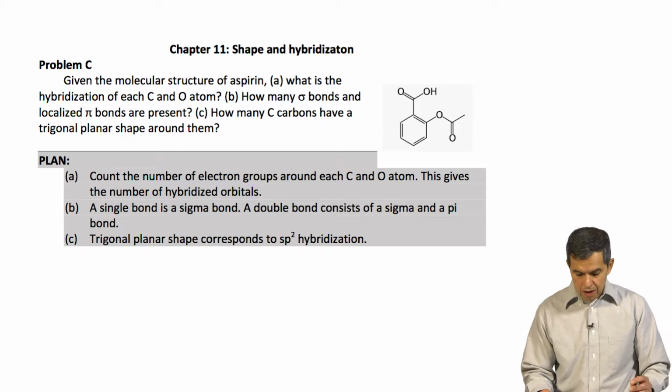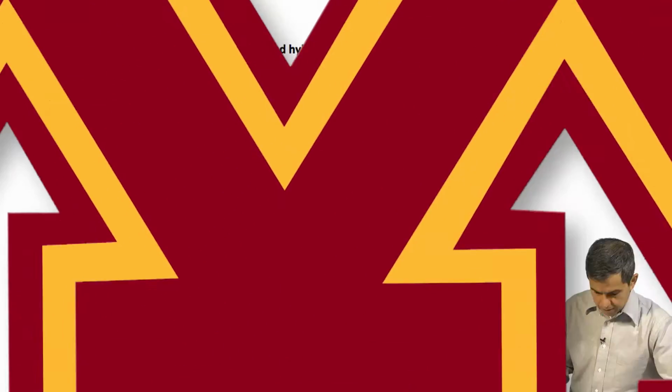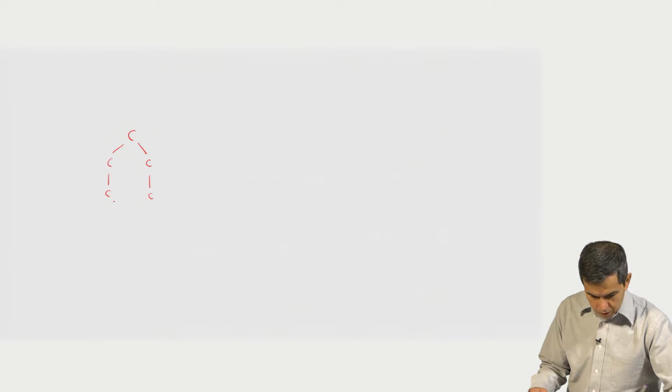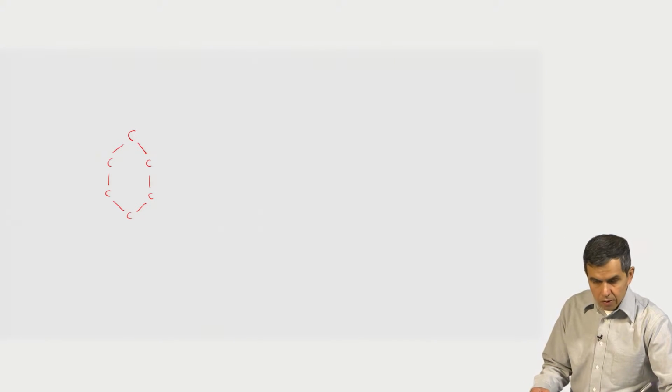Okay, so let's begin by redrawing the molecular structure of aspirin. We are not going to use the shorthand to represent this structure at this time, because this will help us count the different electron groups that we need to count.